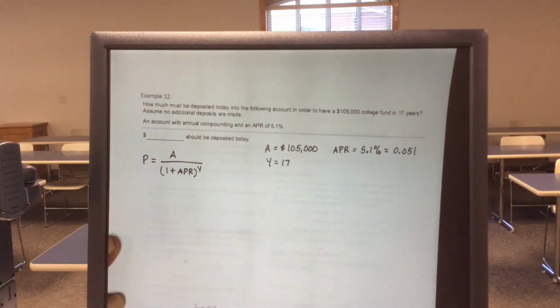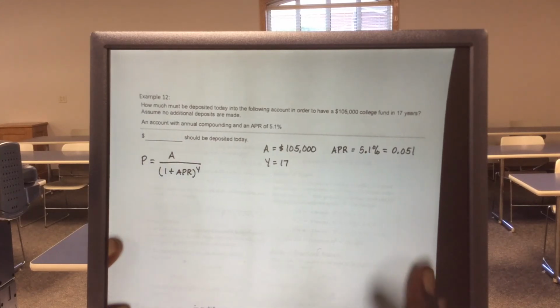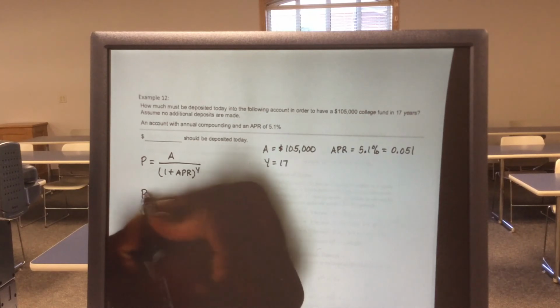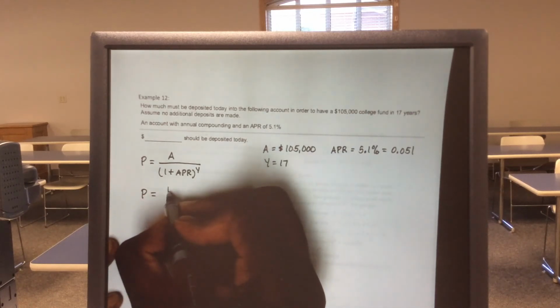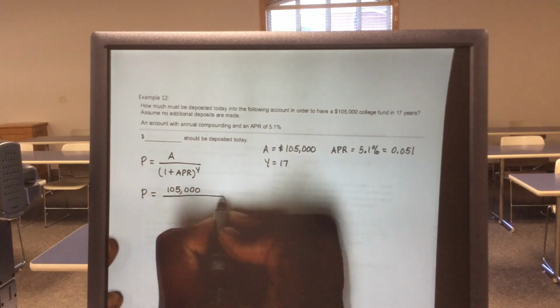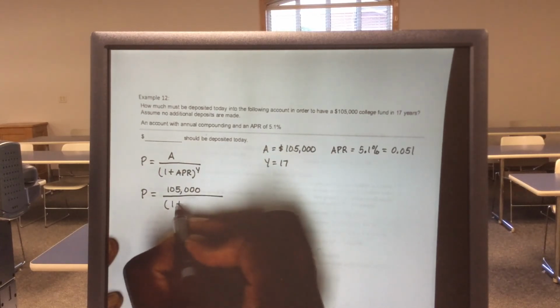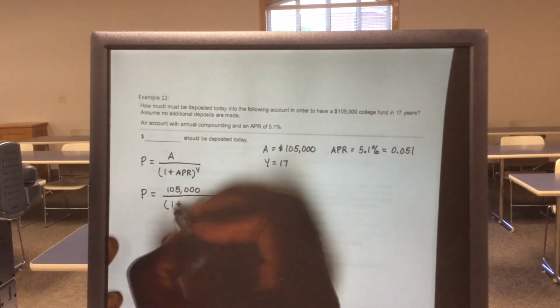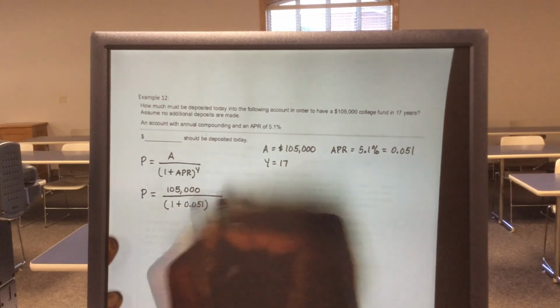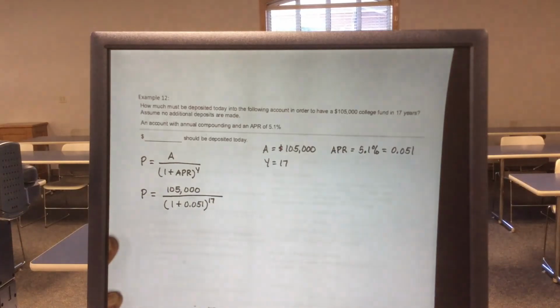Take 5.1, divide that by 100, and you'll get the decimal value of your APR. So here P is equal to A, which is $105,000, divided by 1 plus your APR, 0.051, raised to the Y, which is 17.